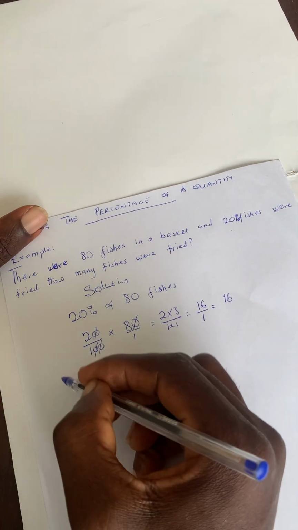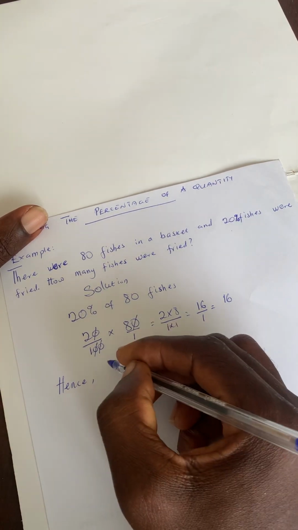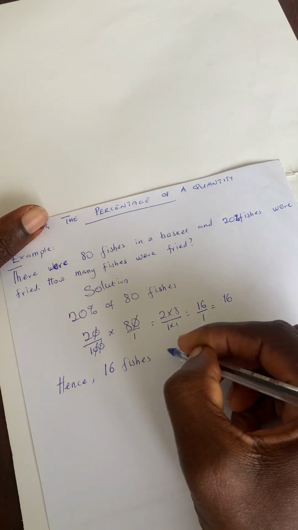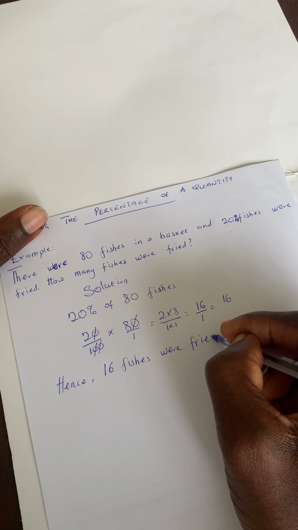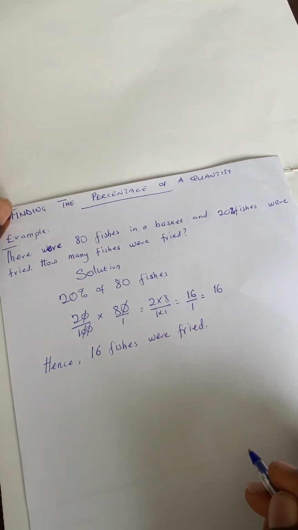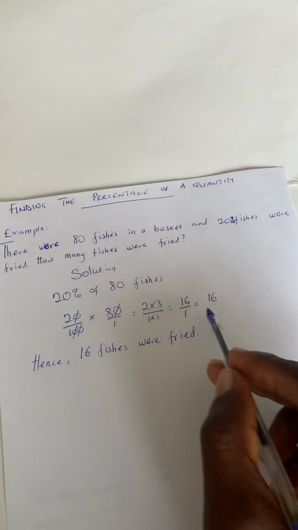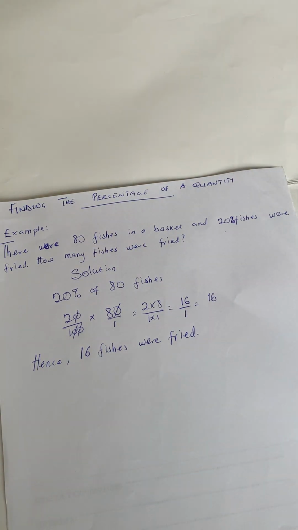So we can conclude that, hence, 16 fishes were fried. So I hope you understand what you are doing. So that means 20% of 80 is equal to 16. So if 20% of the fishes were fried, then that implies that 16 fishes were fried.